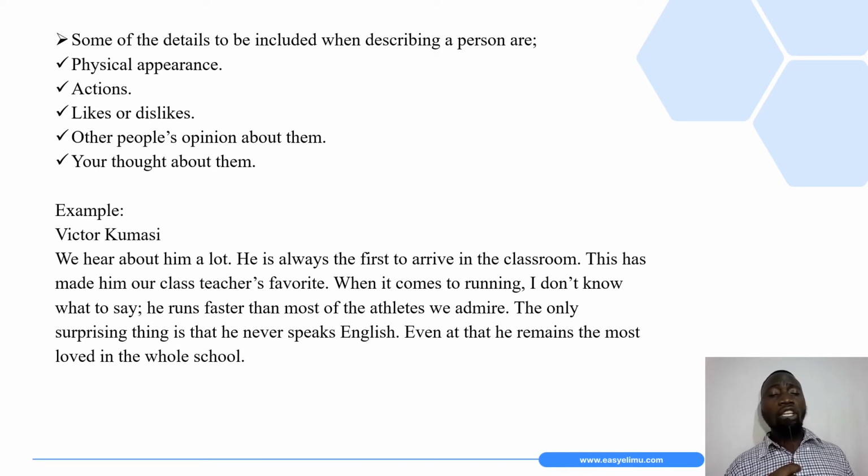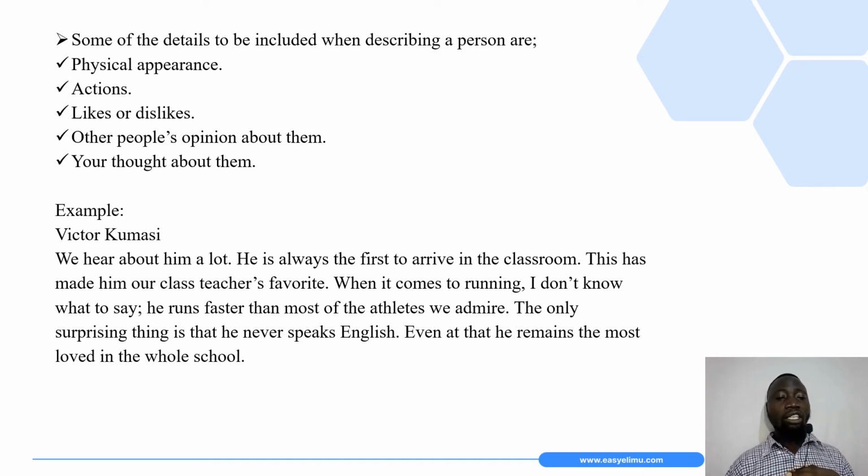When talking about people, still different people could be having different opinions towards a given person. Another thing to include when describing a person is your thought about them. What do you think about them? Are they good according to you, or are they bad, for example?